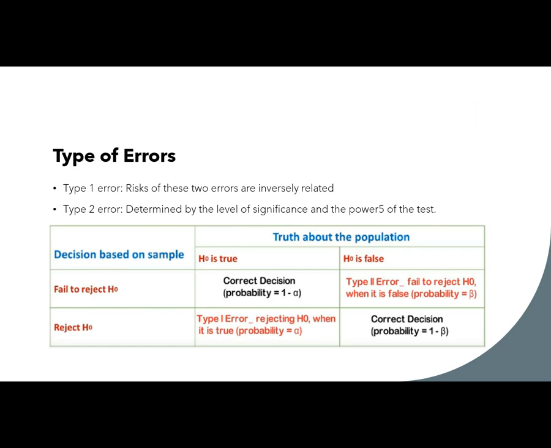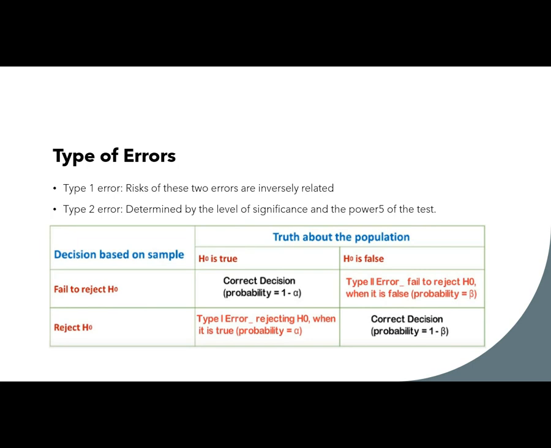if H naught is true and the researchers fail to reject H naught, then it is a correct decision with probability 1 minus alpha. If H naught is false and we fail to reject H naught, it's a type 2 error, and the probability is beta.